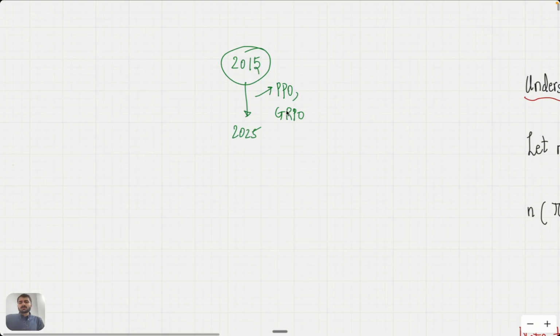It introduced a very important concept of trust region, which is at the center of all the algorithms that we are going to see subsequently. That is why the understanding of trust region policy optimization is going to be crucial for us as we move ahead to the next part of our course.